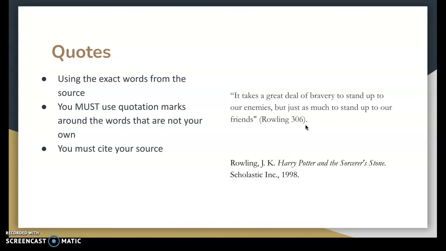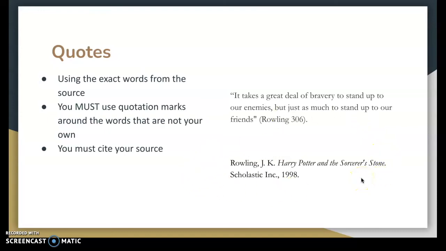I probably wouldn't do Chicago because MLA and APA are probably the two that you'll use the most, but if you want to use Chicago, you could do that as well. But if I have a book, I use the last name of the author, comma, first name. Then I put the text. Then I put the publisher. Then I put the year it was published. So my works cited, which is at the end, is going to have all this information.